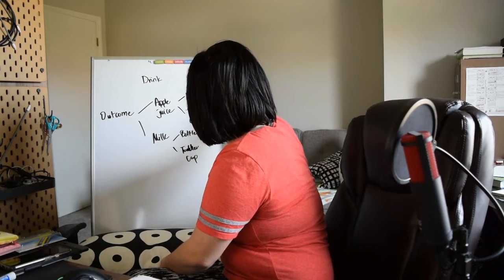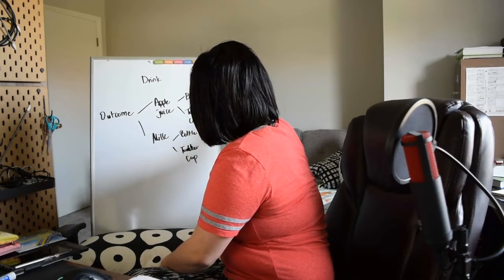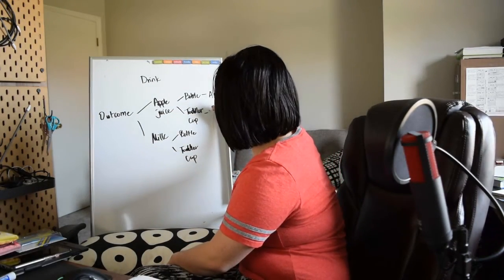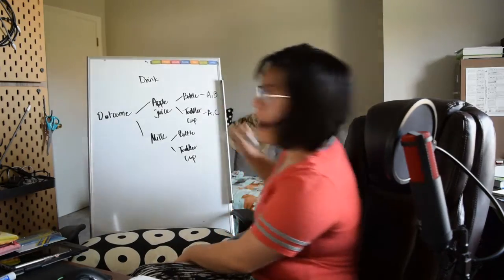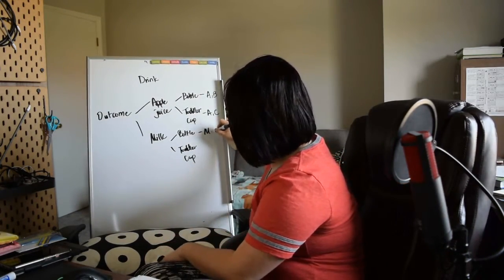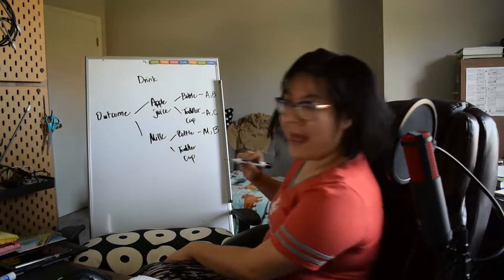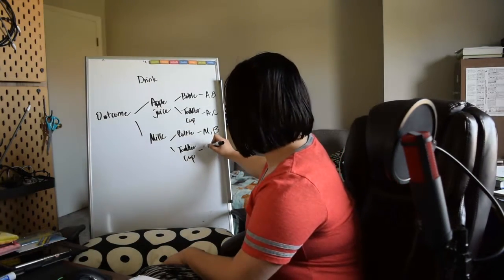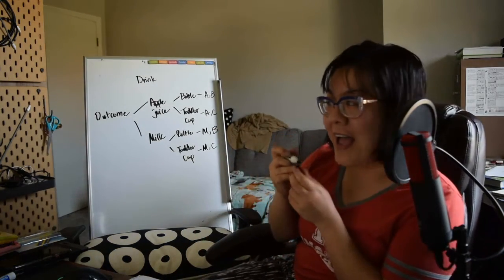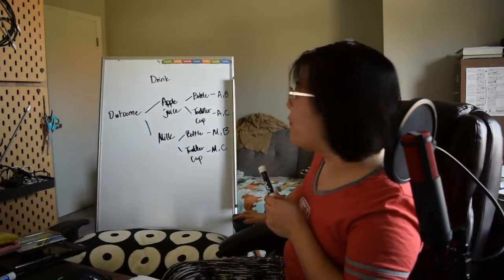Over here, you have apple juice and bottle, AB. Over here, apple juice, toddler cup, AC. Over here, you have milk, bottle, MB, milk, toddler cup, MC.